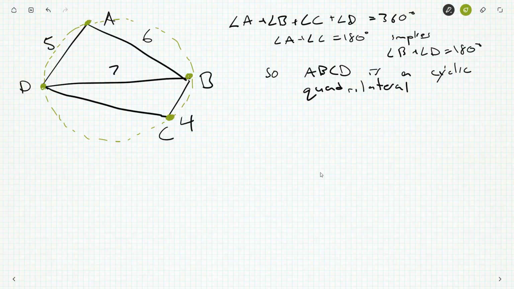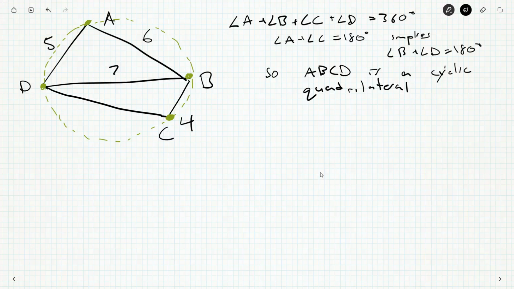DB certainly looks like a diameter, but I don't think it is. No, if DB were a diameter, then A would have a right angle there. So would C, by the way, but 5 squared plus 6 squared is not 7 squared.